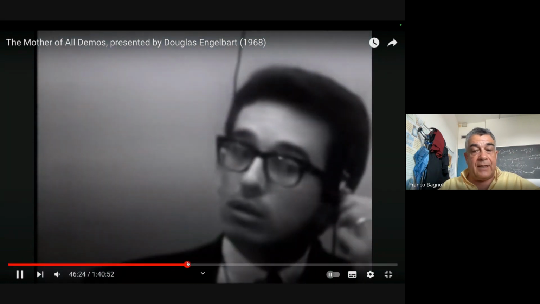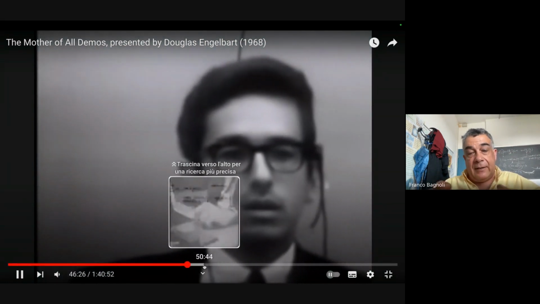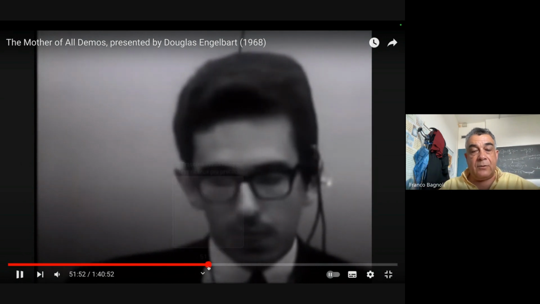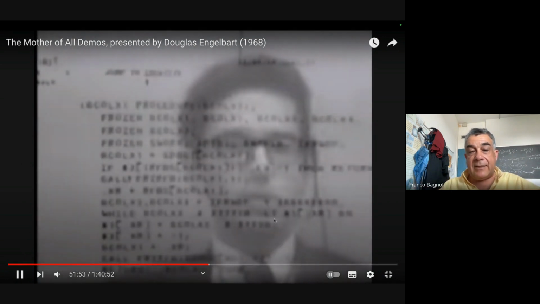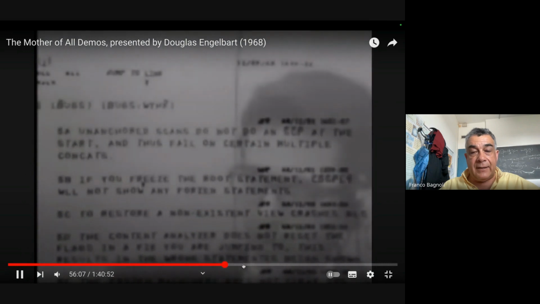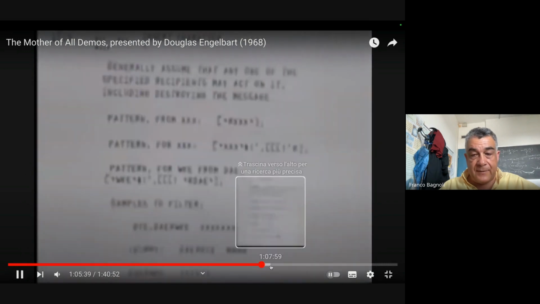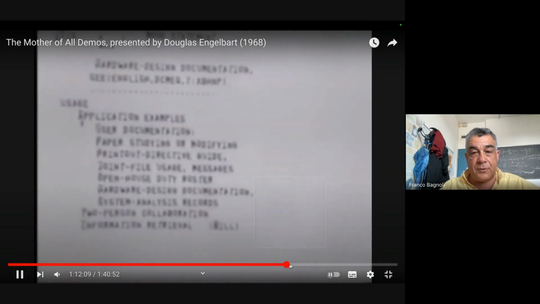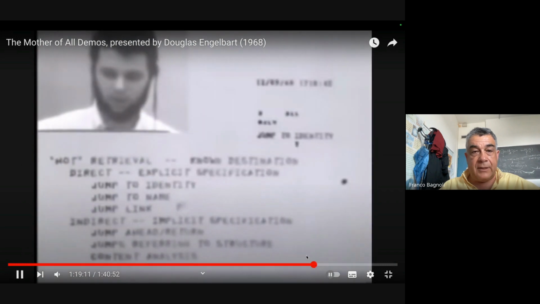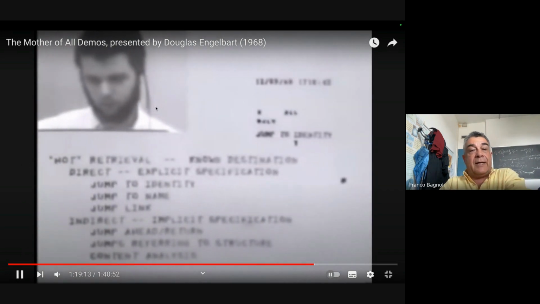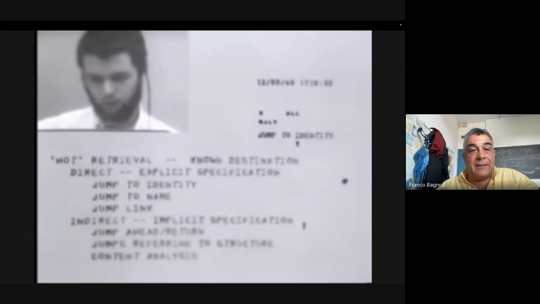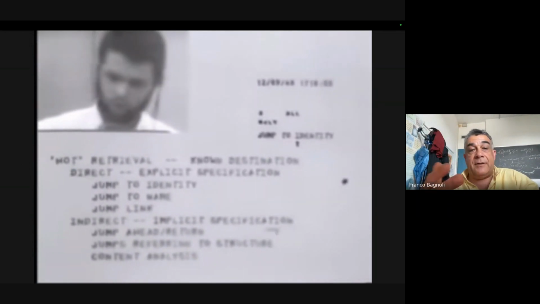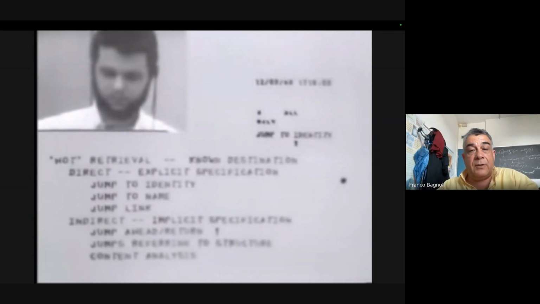And finally, in his system he also had the possibility of connecting. Let me see where it is, the part in which they show a video connection. Here it is. He can connect to another user at a distance and have a video and audio talk with him.